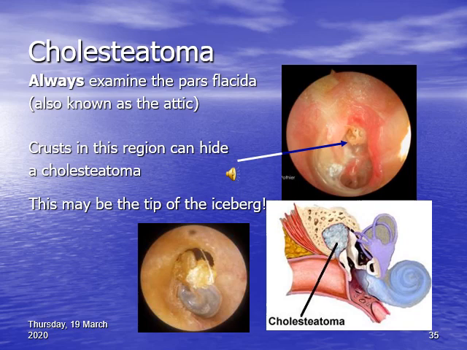On examination, we will see the retraction pockets with a white flake in the bottom of the retraction pocket, and this white flake represents the cholesteatoma, which is caused by desquamation of the epithelial tissue within the retraction pockets.